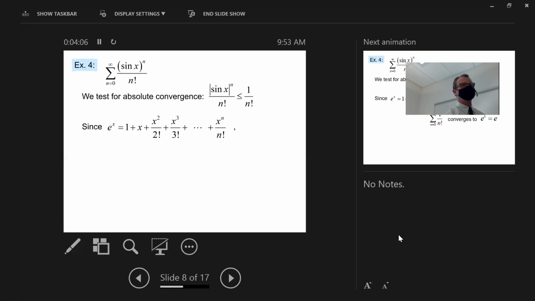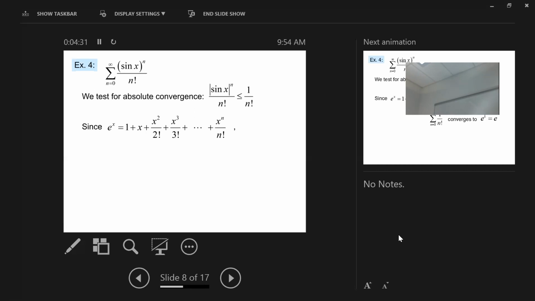E to the x, which we showed you yesterday. This is the comparison test. It's the only non-geometric, I mean constant multiplier, geometric, series that does not have alternating terms you're responsible for.